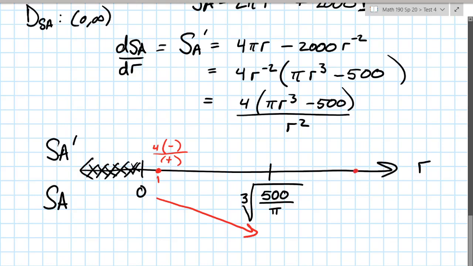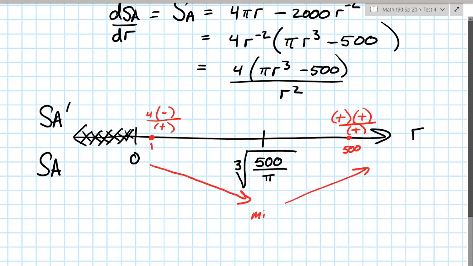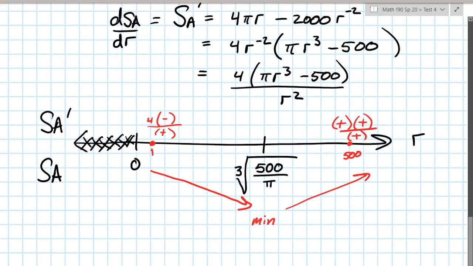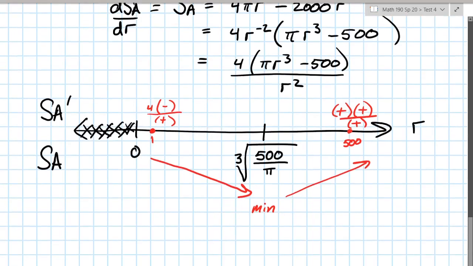Then if I take a very large number, for example, if I take 500 cubed times pi, that is very large, minus 500 is positive. You have 4 times a positive number divided by a positive number gives us a positive number, so we have a positive slope here, telling us we have a local min when our radius is the cube root of 500 over pi.